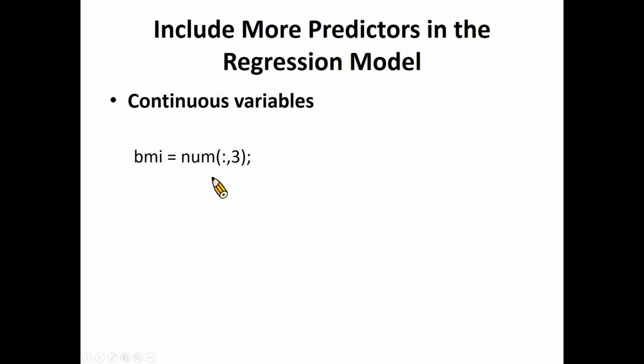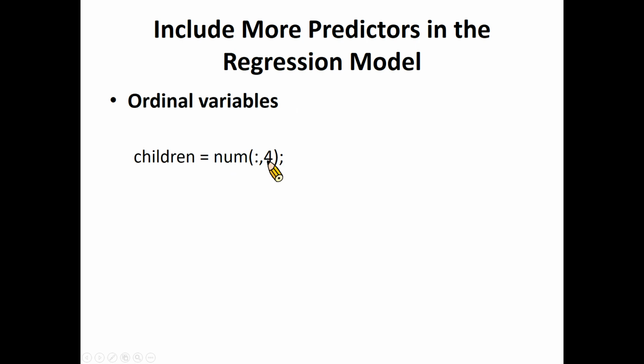The continuous variable is very useful in a regression because you can evaluate the relationship between 2 continuous variables like age or BMI and the insurance premiums. BMI is the 3rd column in the numerical output, so I just extract this BMI information by assigning the 3rd column of the numerical variable into this BMI variable.